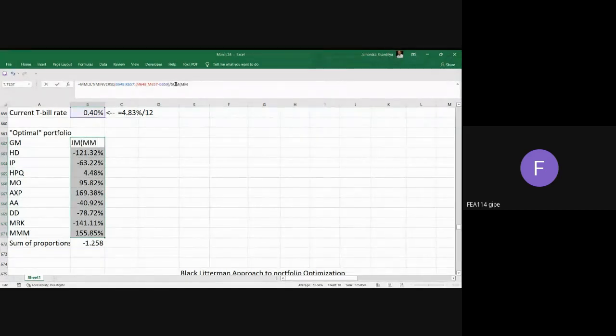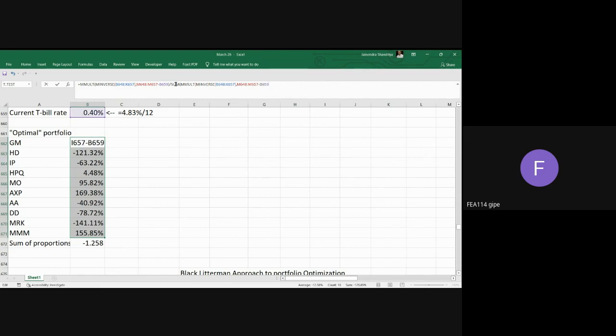Sum and matrix inverse, B648 to B657, and from here I subtract B659 because that is my risk-free rate.